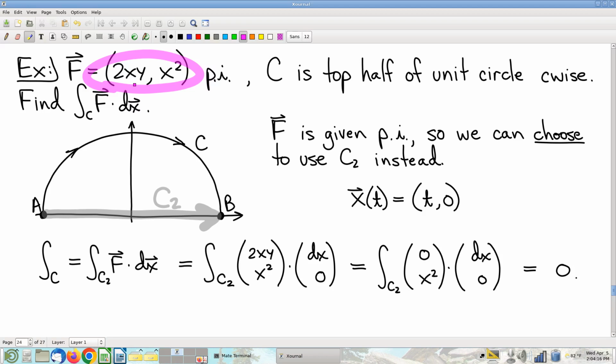There are examples where finding the antigradient is going to involve some integrals, and sometimes those integrals are either undesirable or possibly even infeasible. And in those cases, path independence: awesome. Okay, enough of that.